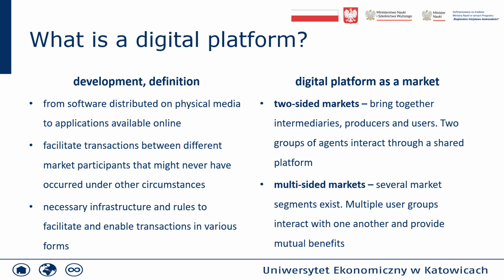Also, in the field of economics, platforms can be considered as markets, two-sided markets or multi-sided markets. A two-sided market brings together intermediaries, producers, and users, and in such a market, two groups of agents interact through a shared platform. It is a market where two groups interact via the platform, and the decisions made by one group affect the outcomes for the other group.